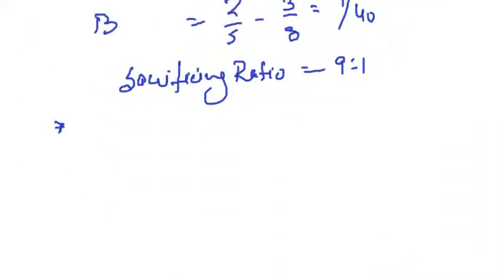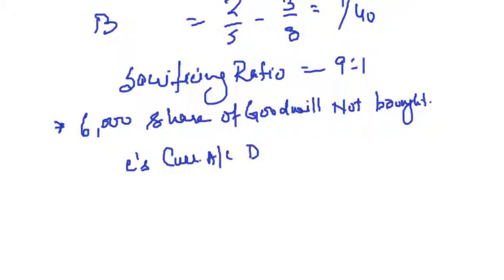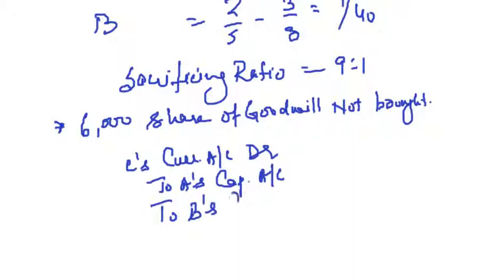So 6,000 share of goodwill not brought by new partner, the journal entry will be C's current account debit and the old partners' capital accounts will be credited because they will get the money. A's and B's capital accounts.